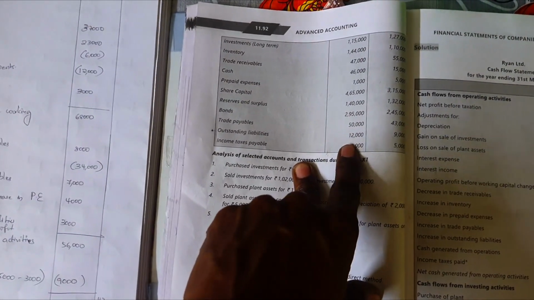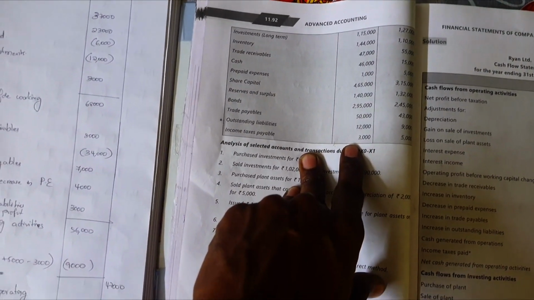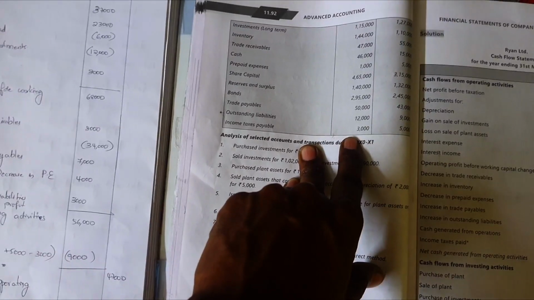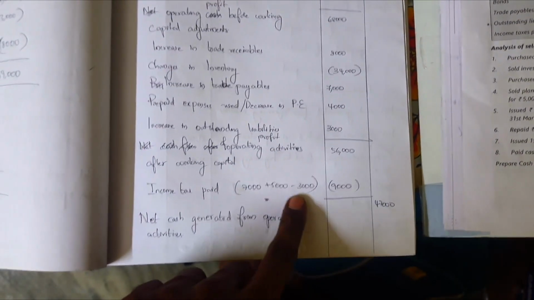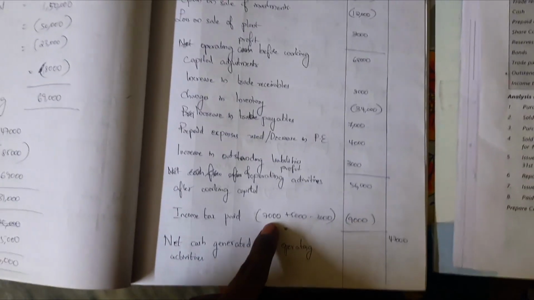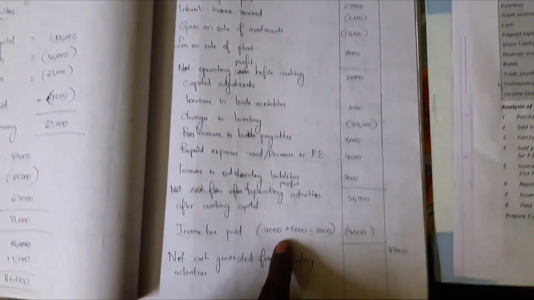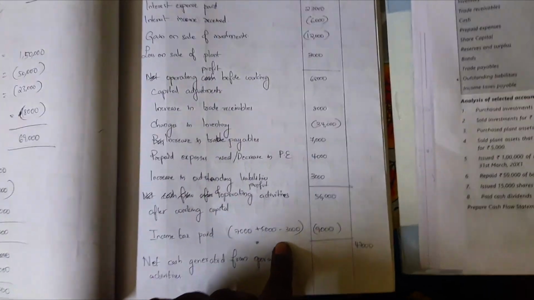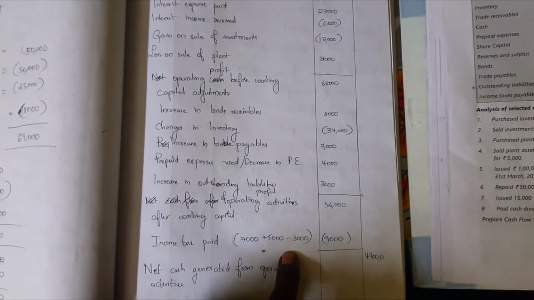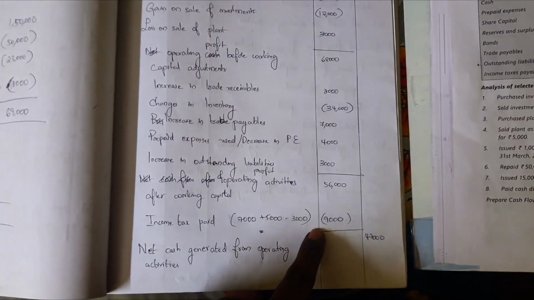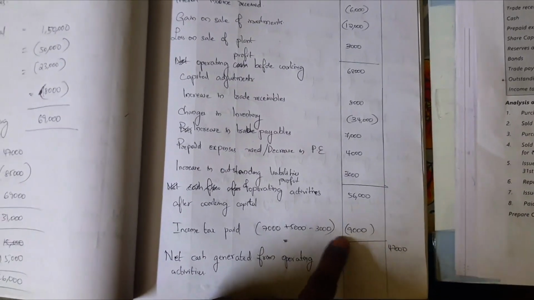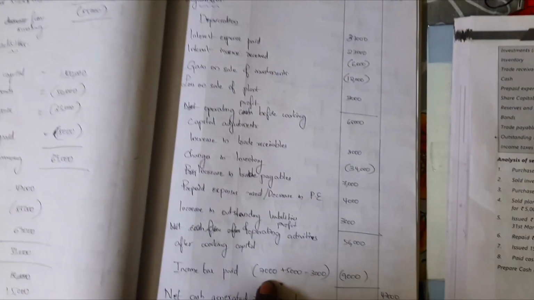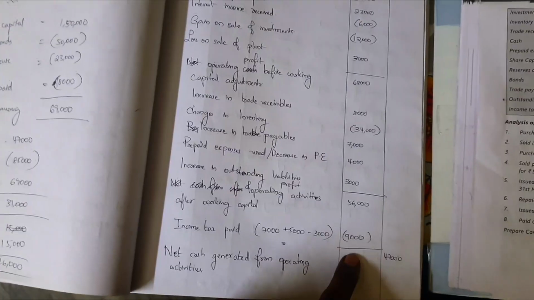In the current year only 3,000 is what we need to pay, which means this year we paid 2,000. So you need to add 5,000 minus 3,000, that is 2,000, to the 7,000. You need to show this as a separate note under working notes. It doesn't have time, so roughly I did it in the question itself. 7,000 plus 5,000 minus 3,000 is equal to 9,000.